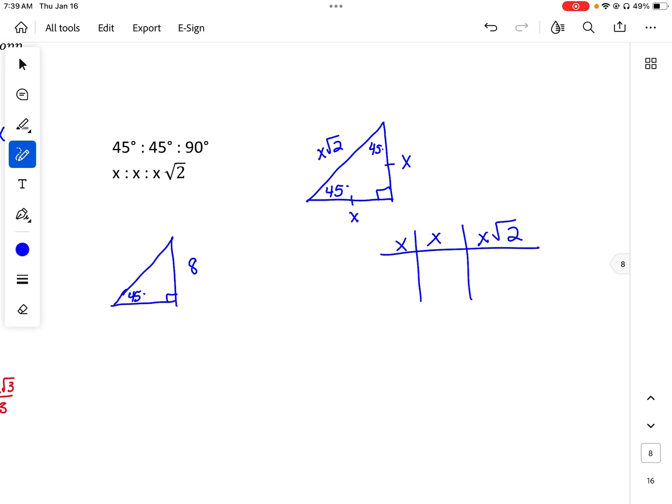If you have lines on there, they mean they're congruent, so they're the exact same. On our example, if we know this is 45 degrees and we have 8, so is this. So I could write this as 8, 8. And then the hypotenuse is 8 square root of 2. So these are legs, L and L, and this is my hypotenuse.